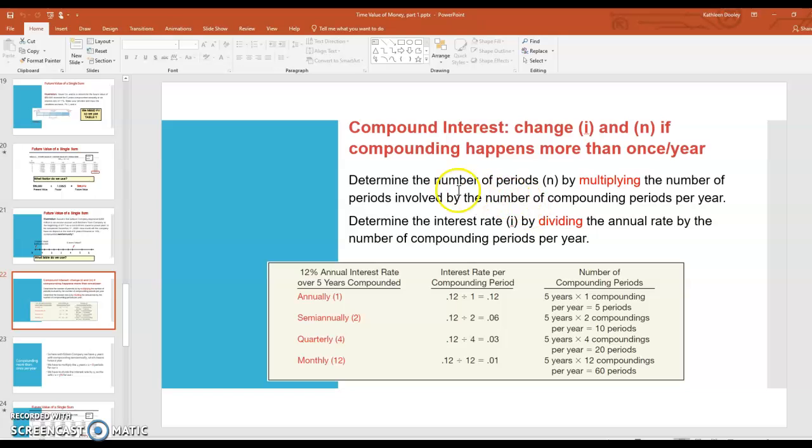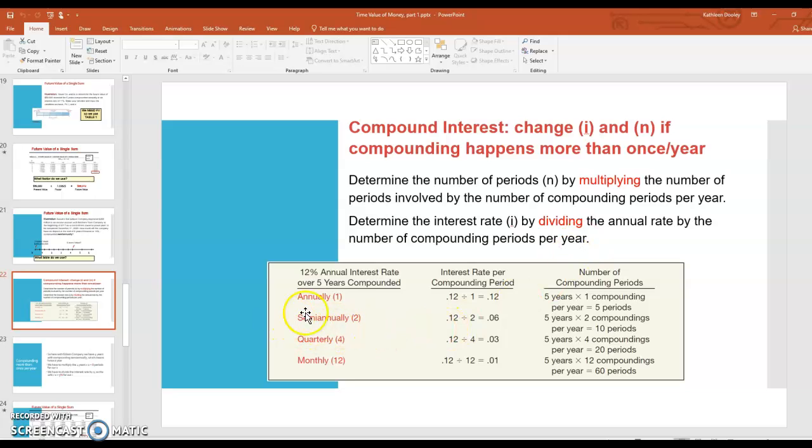We have to take the N and multiply it by how many times a year there is compounding. And we have to take the I and divide the annual interest rate by how many times per year we are compounding. So in this case, semi-annual is twice a year. So we're going to multiply the N by 2, and we're going to divide the interest rate by 2.